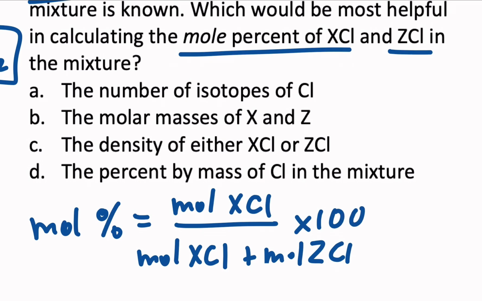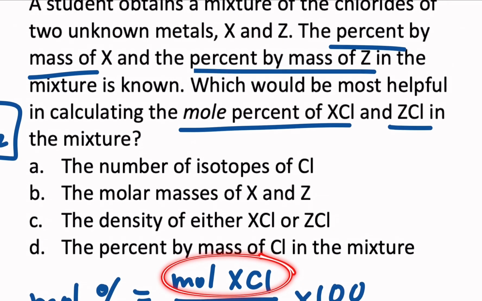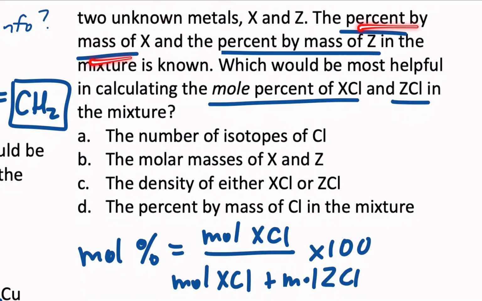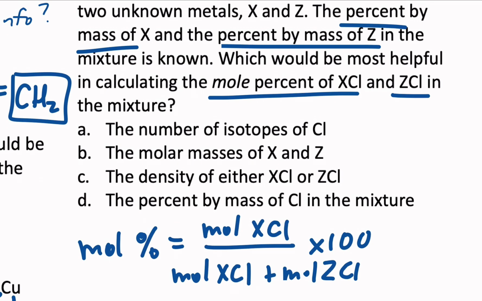So how could I get the moles of these samples when all I know is the percent by mass of each one? Well, the percent by mass is going to be related to the mole percent in each compound. So I kind of need to know the identity of the elements, X and Z, so I can get these mass percentages and turn them into moles. So we must need the molar masses of X and Cl.